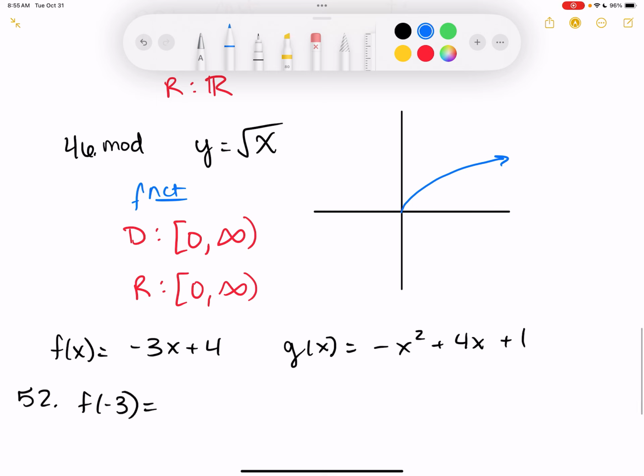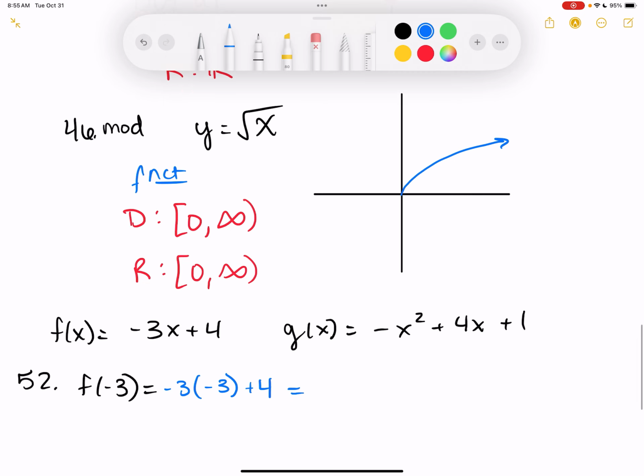All we have to do for that is anywhere there's an x in this function, we put a negative 3. So negative 3 times negative 3 is 9, plus 4 would be what? 13. So it's 9 plus 4, 13.